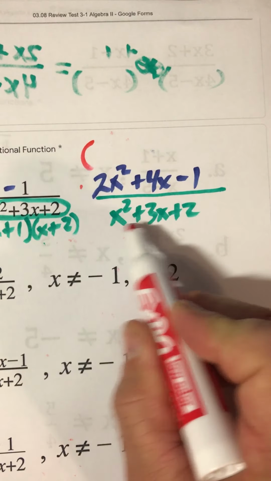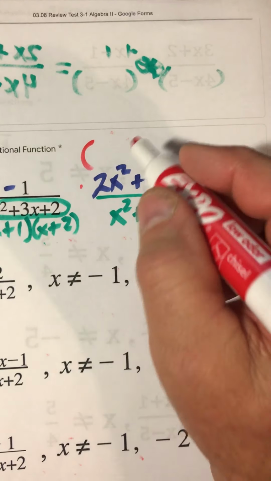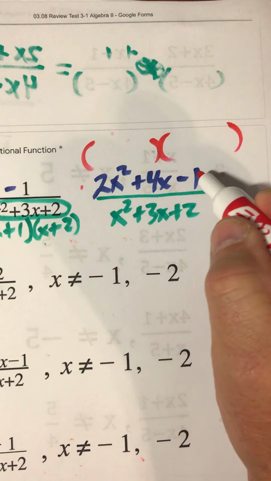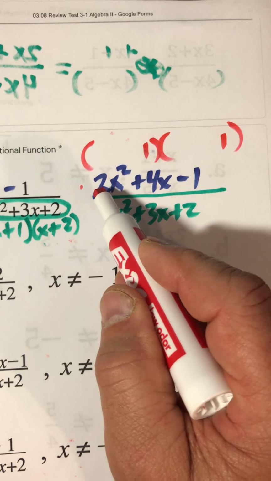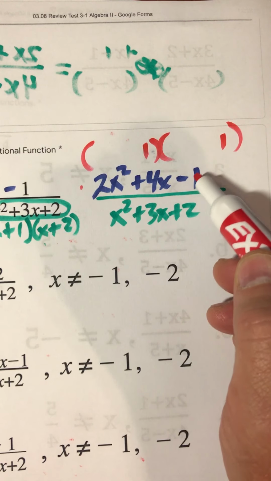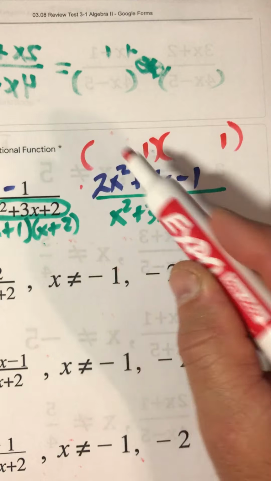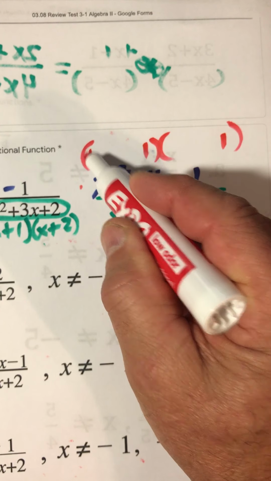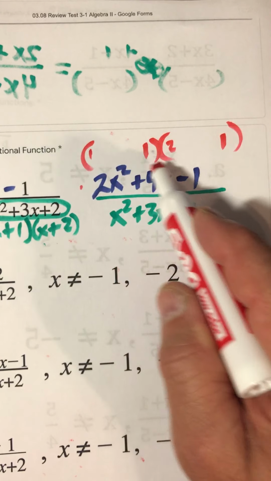I might need to put this back into the x plus 1, x plus 2. So let me see what happens here. We know that the factors of 1 are 1 and 1. That's easy. The factors of 2, when added to the factors of the 1, must get us a 4. So if I do 1 and 2, that's only a 3.